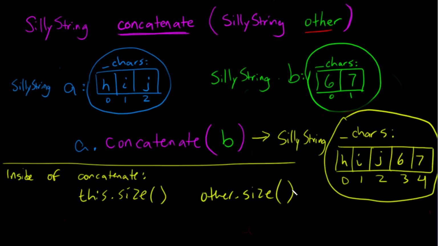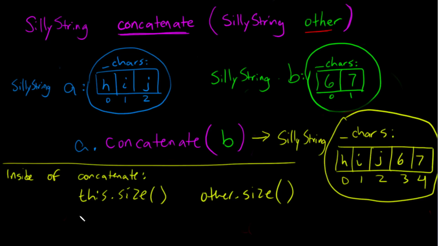And so other.size is going to tell us how many characters B has. And then when we are going to assign specific elements to our new array that we just constructed, and you'll have to construct a new array with the right size, we're going to have to ask, hey, what is my character at a specific index? You could do that by saying this.charAt, and then the index. And we could say other.charAt to read the characters of the other silly string.